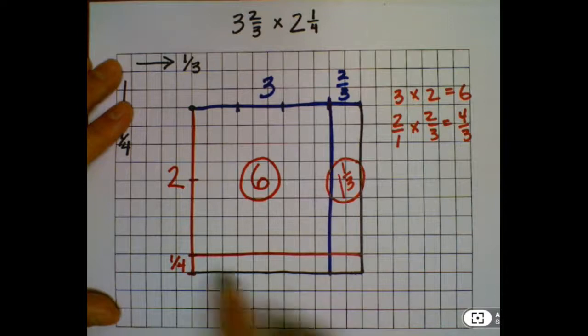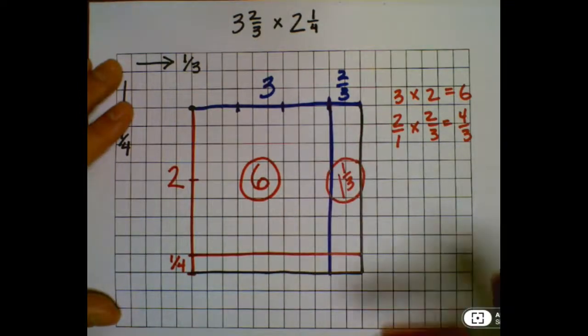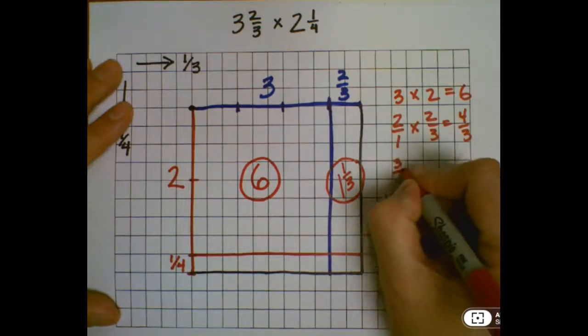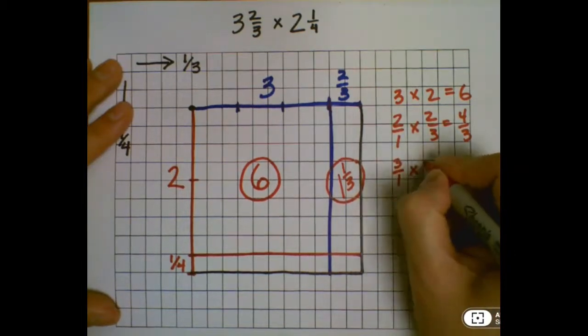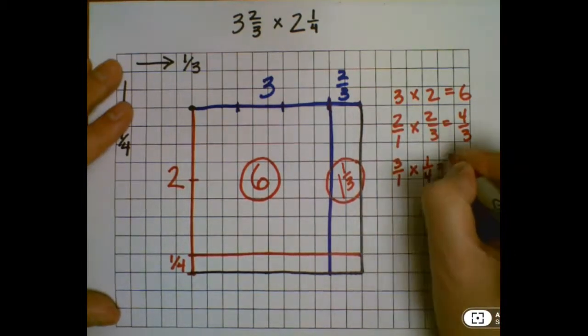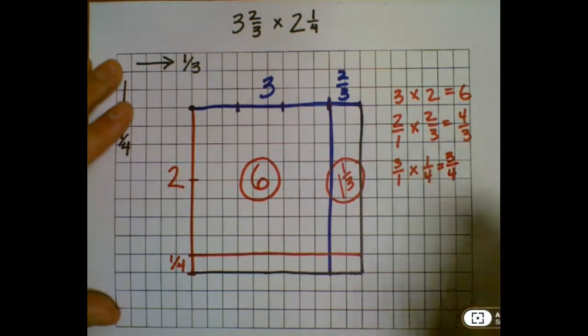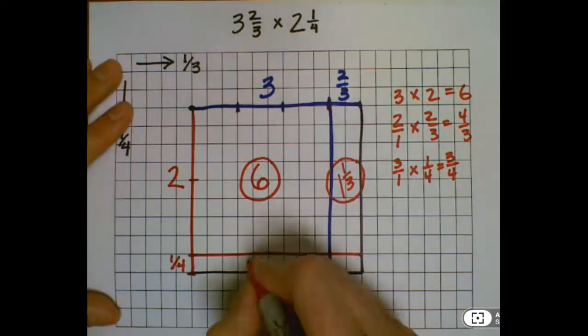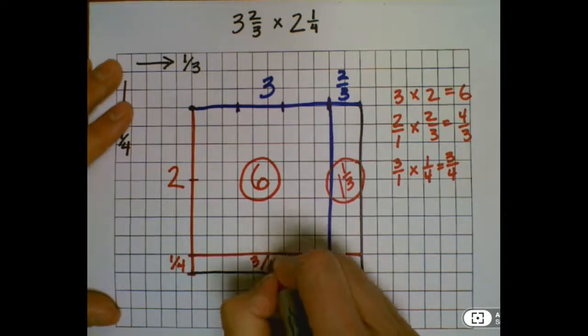Now I'm going to switch down to this lower area right here, which is 1/4 by 1, 2, 3. If I multiply that out, I can write 3 as a fraction, 3/1, times 1/4, and that gives me an answer of 3/4. So let's put that down here, 3/4.